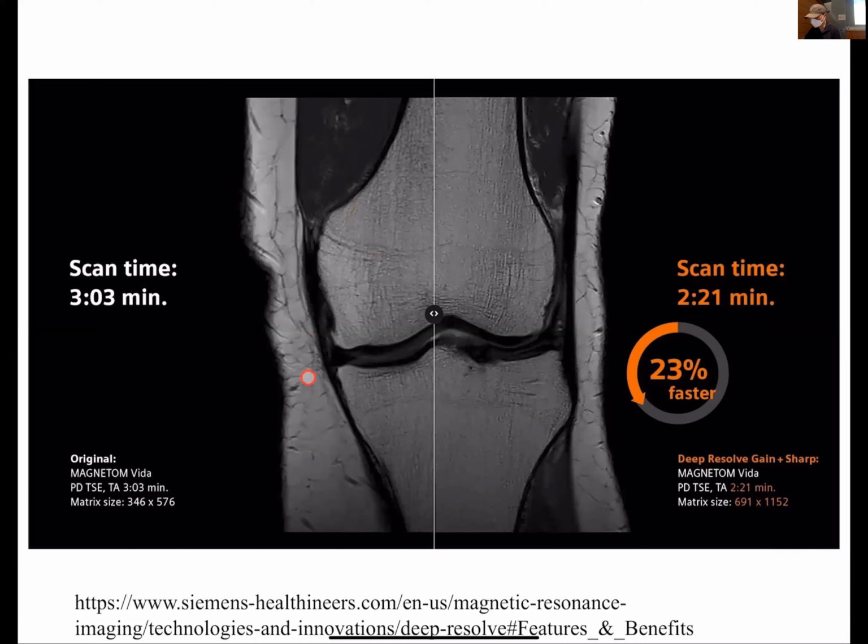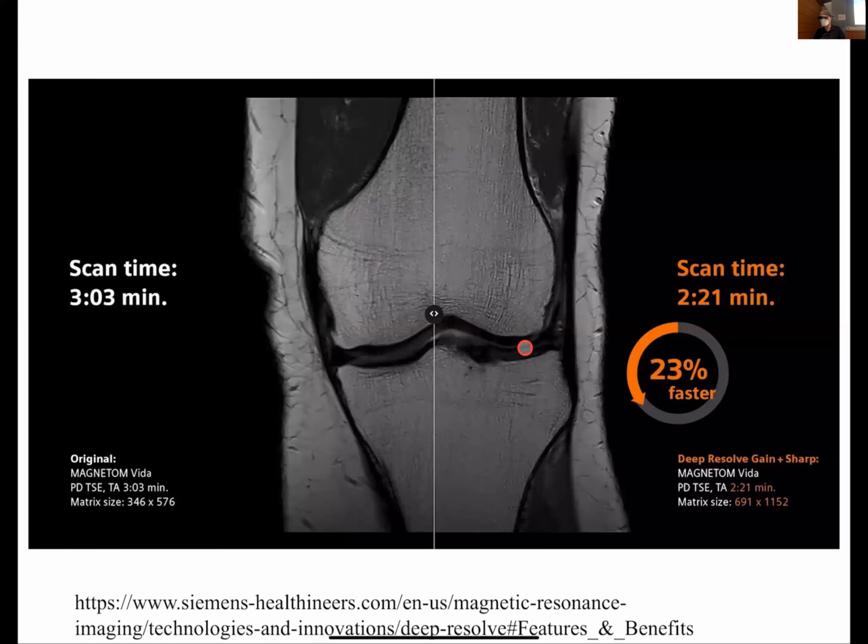So this is like a 3-minute scan time, and this is the 2-minute scan time. And so you're not seeing factors of 10 gain yet, but you are seeing the manufacturers introduce things where there are some substantial gains in scan time.